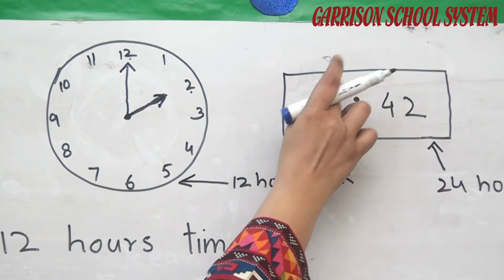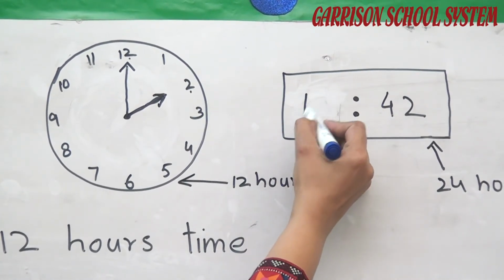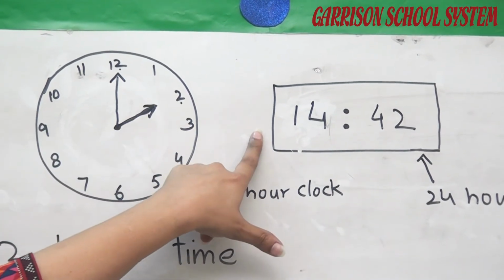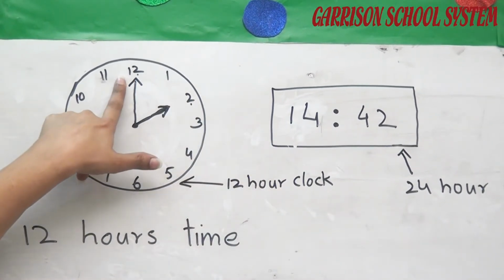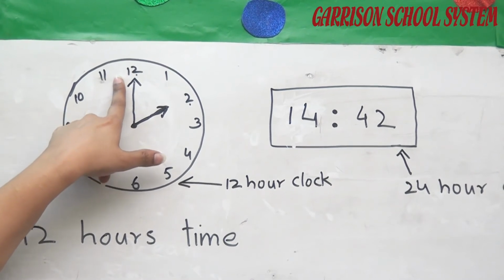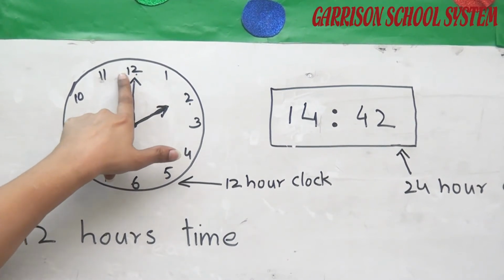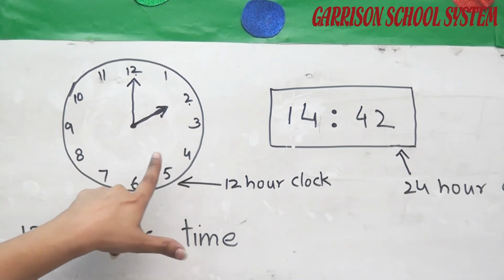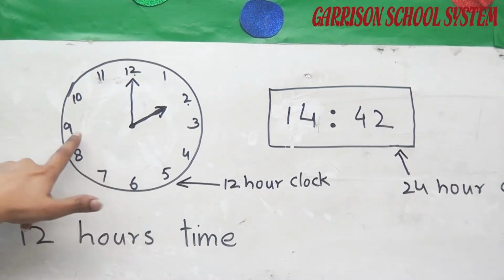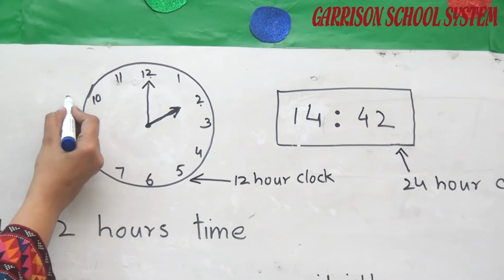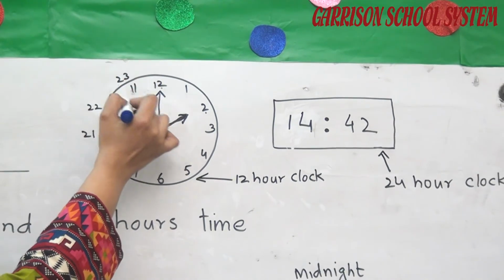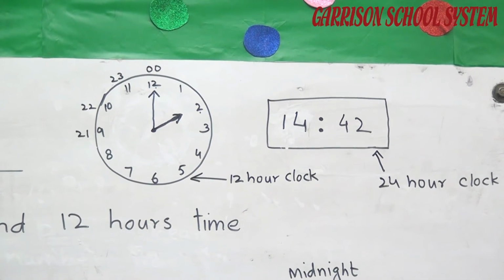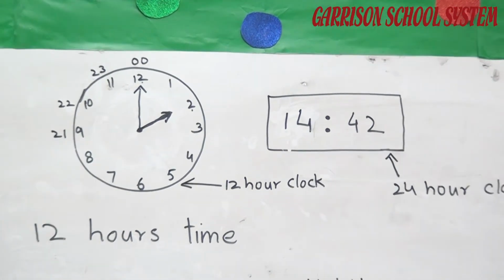The clock rings 14 here, because after 12 the 24-hour clock doesn't reset. In fact, it continues after 12: 13, 14, 15, 16, 17, 18, 19, 20, 21, 22, 23, and then again 0, not 24.